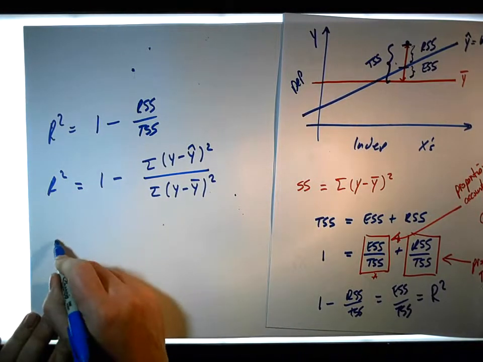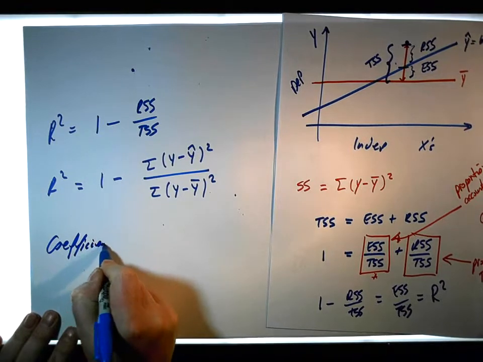This r squared here is known as the coefficient of determination.